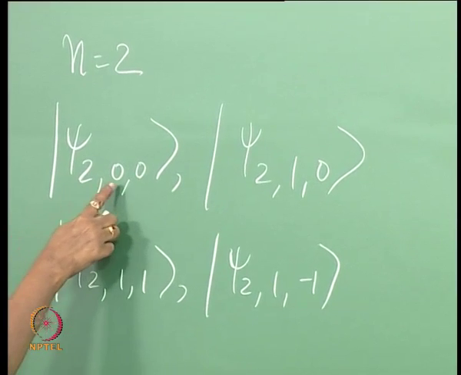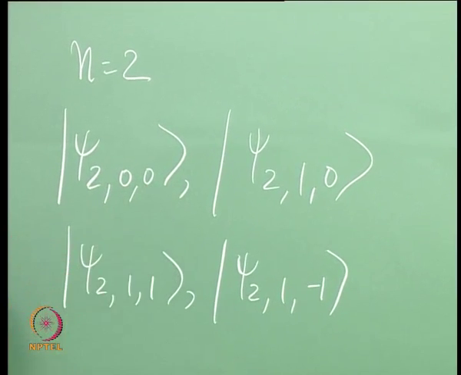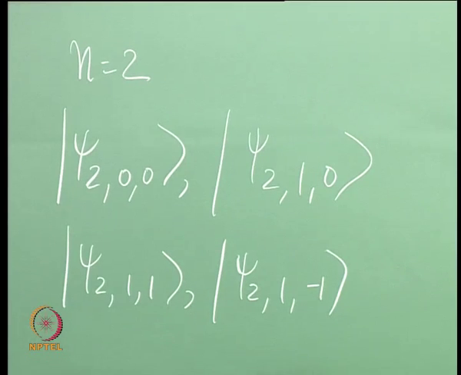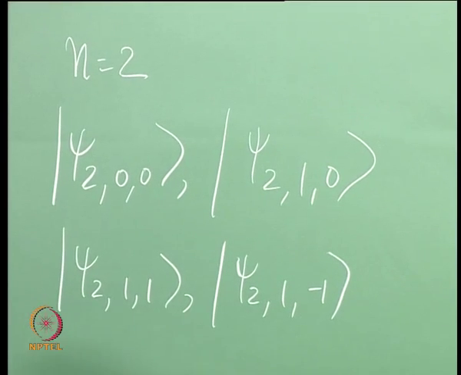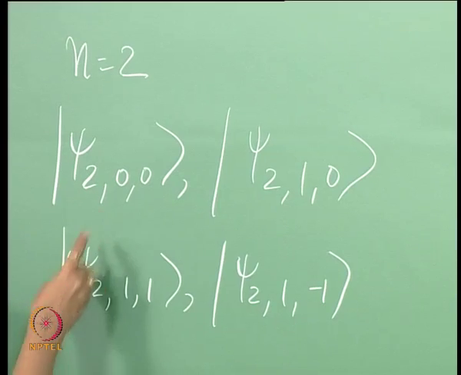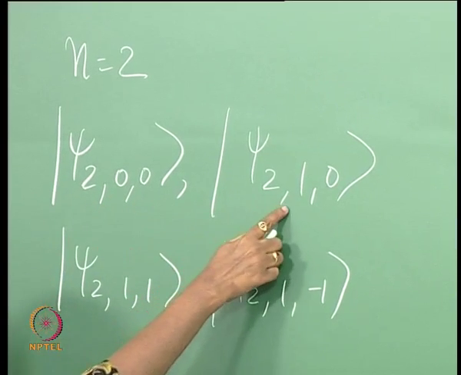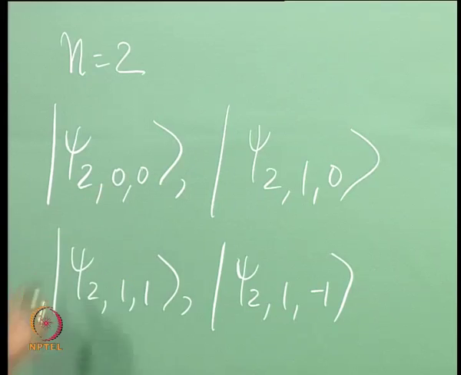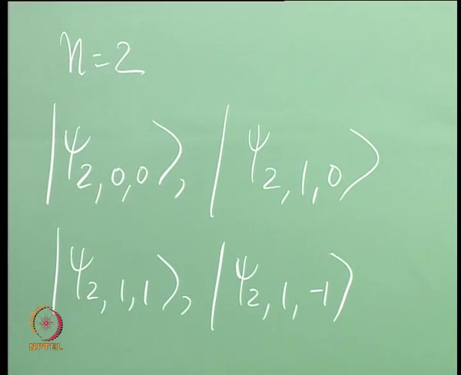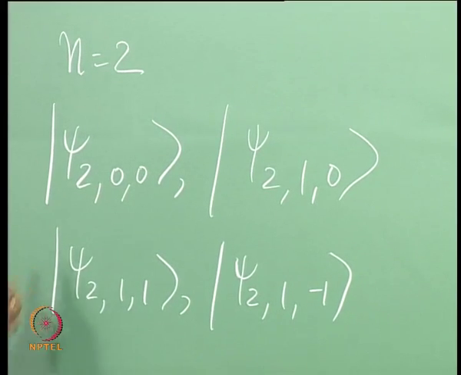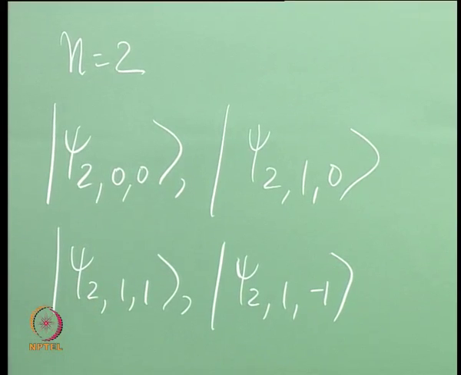This is n, that is L, and that is m. And remember that L takes values 0 to n minus 1. And for a given L, m takes values minus L to plus L in steps of 1.